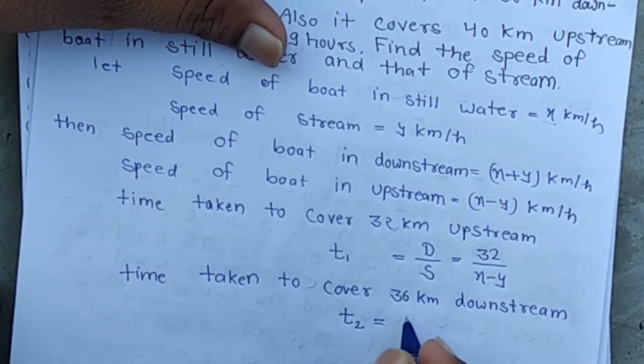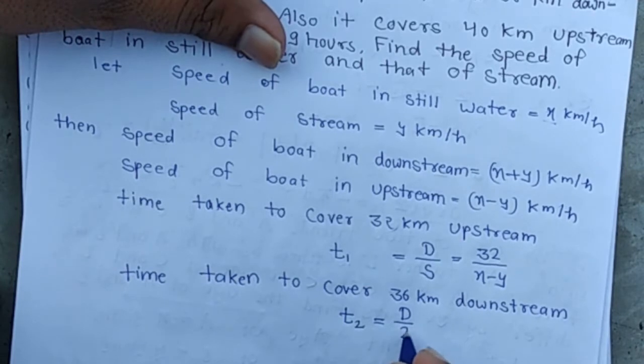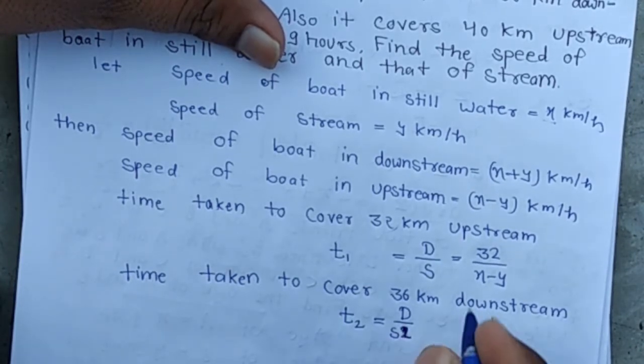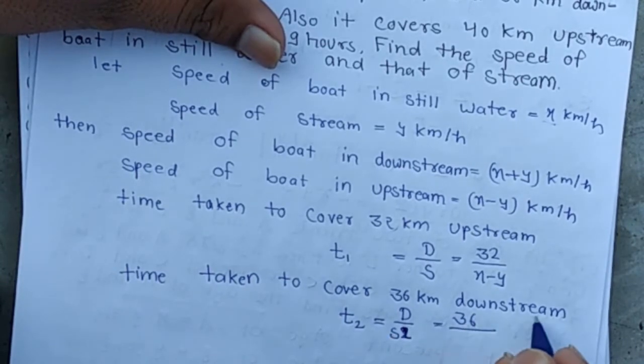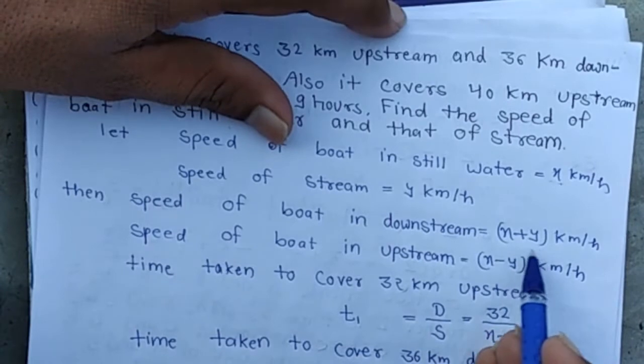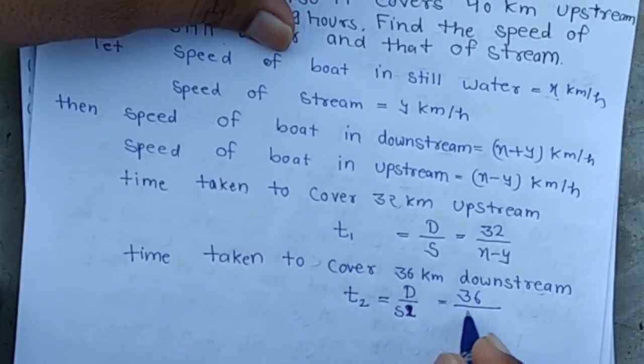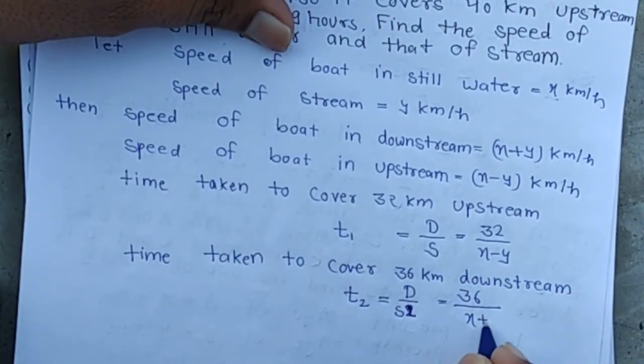Time equals distance upon speed. Distance is 36 and speed in downstream is x plus y.